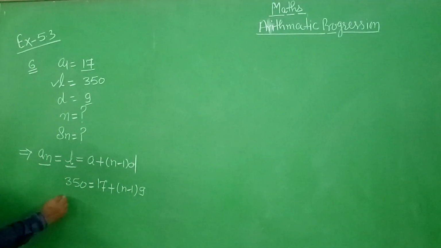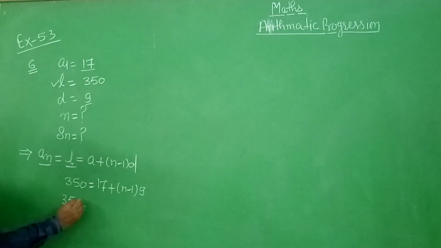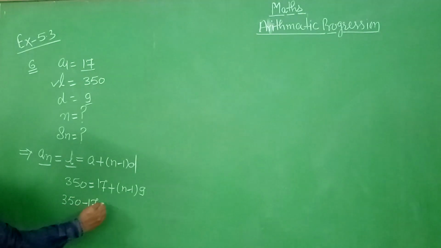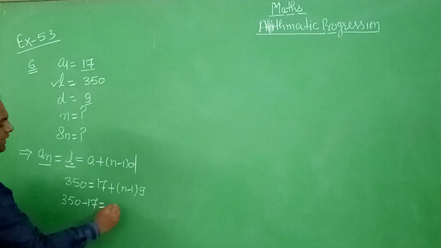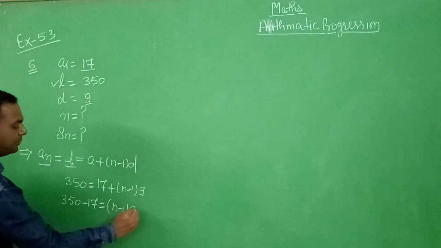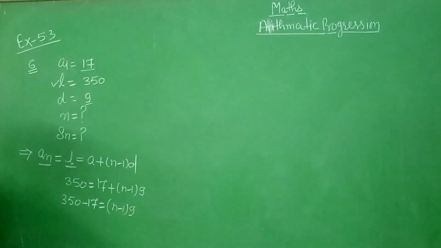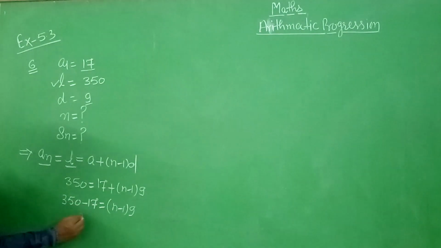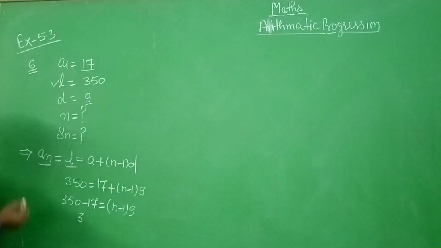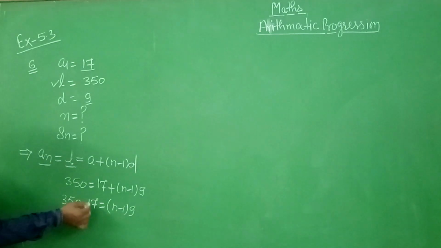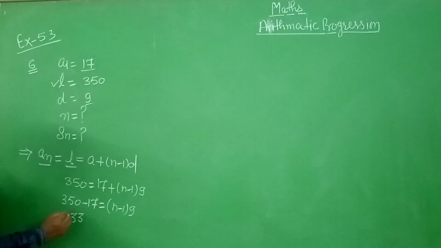Next, 350 minus 17 is equal to n minus 1 into 9. You subtract 17 from 350: 10 minus 7 is 3, 4 minus 1 is 3, so 333 is equal to n minus 1 into 9.